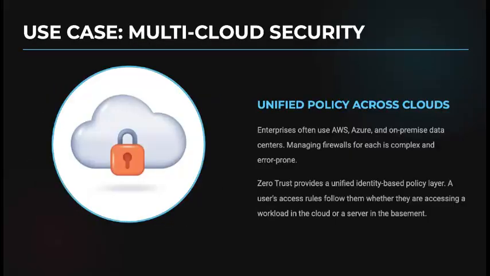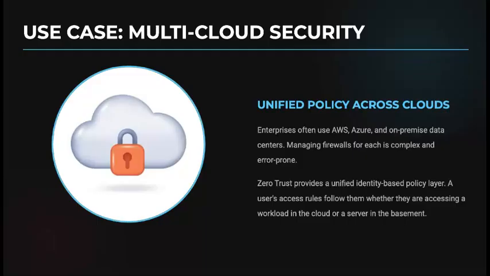Finally, Zero Trust is essential for modern enterprises operating in multi-cloud environments like AWS, Azure, and Google Cloud, and on-premises. Managing siloed firewalls, access control lists, and security. Zero Trust provides a unified, identity-based control plane.